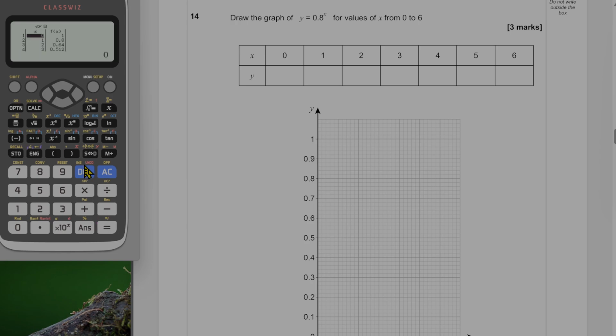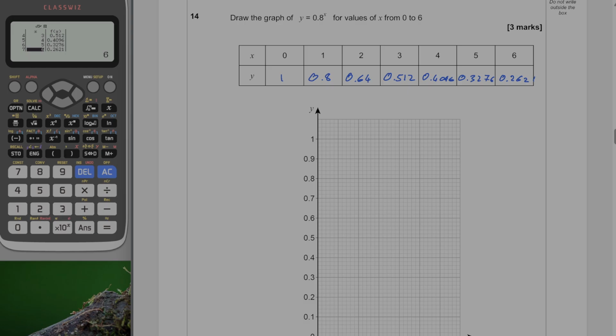So 0, 1; 1, 0.8; 2, 0.64; 0.512; 0.4096; 0.3276; and finally 0.2621.